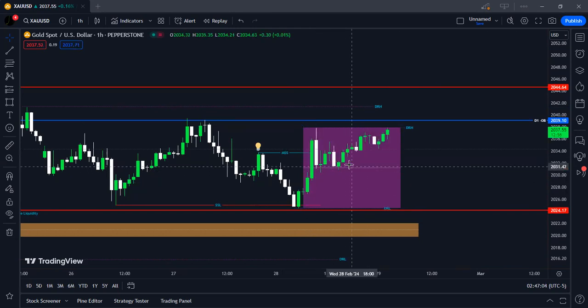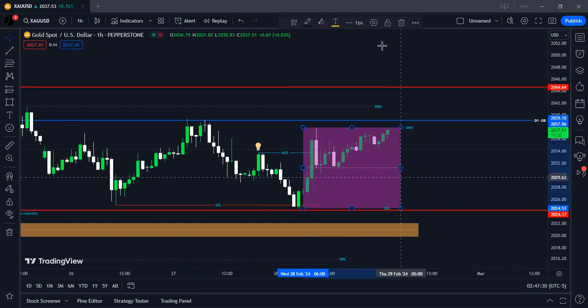This is where we will hunt for setups for buys, targeting this order block opening price, the dealing range high, which is buy side liquidity, and that previous week high, buy side liquidity. Okay, all right.